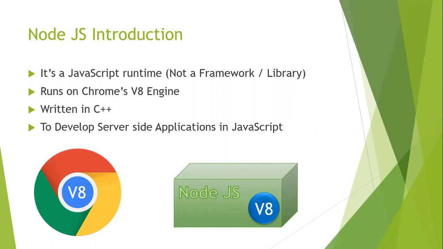So he extracted the same V8 engine, because V8 is the open source engine given by Google. He attached that V8 engine with some more C++ programs, because C++ programs are very low level, so they can integrate with the operating system.